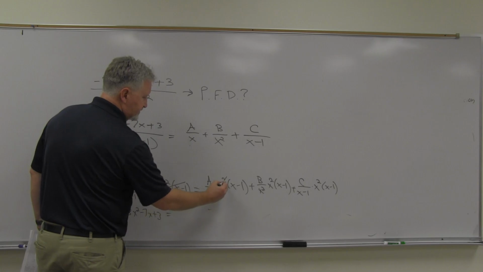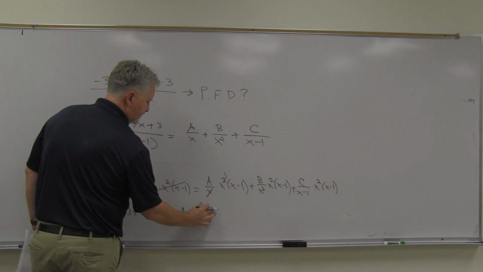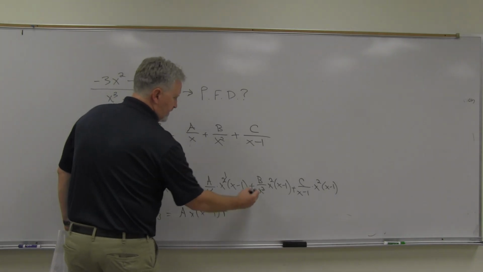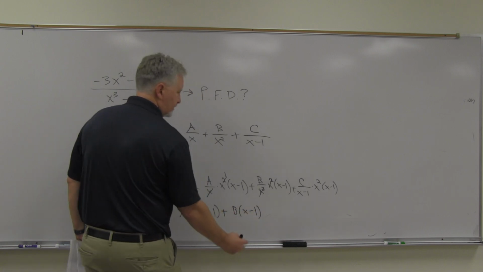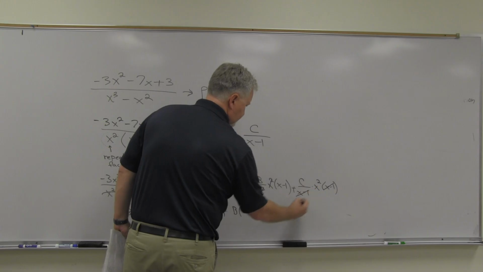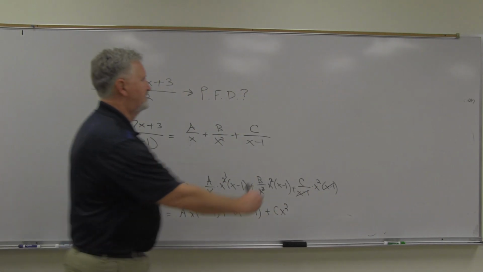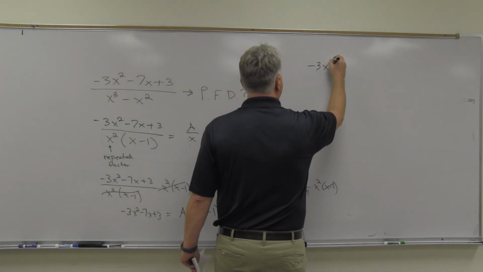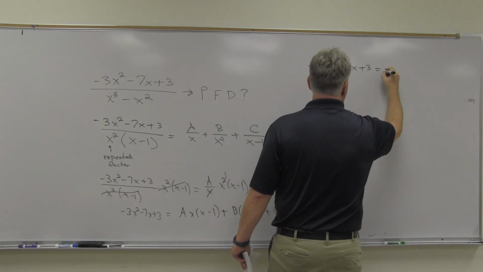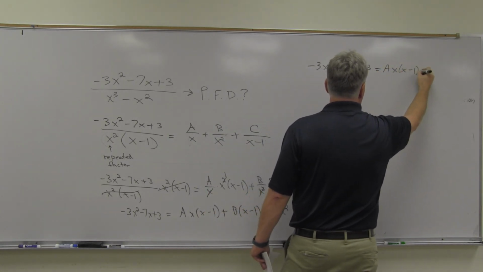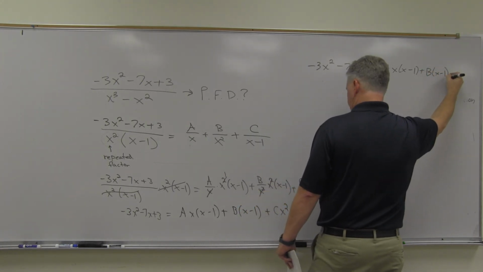Here just the x cancels, so that leaves me an x minus 1, so that'll be A times x minus 1. And then the x squareds cancel, so I have B times x minus 1. And over here the x minus 1's cancel, so I have C times x squared. So that's a little bit longer. Negative 3x squared minus 7x plus 3 equals Ax times x minus 1, plus B times x minus 1, plus C times x squared.